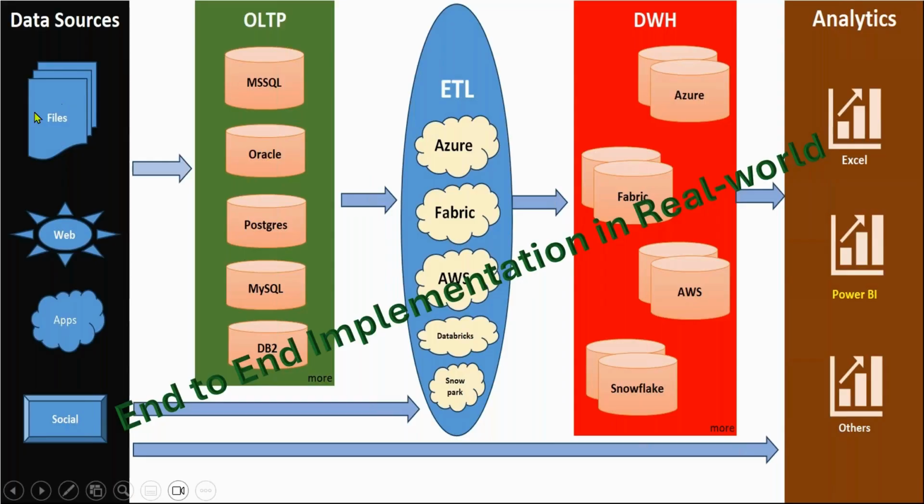Data source, data mart. From there, I buy the vegetables and keep them in my fridge. In my fridge, OLTP. But some items like onions and potatoes, the fridge is not required.